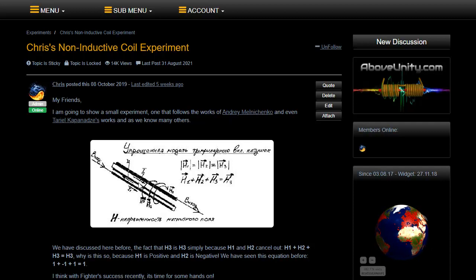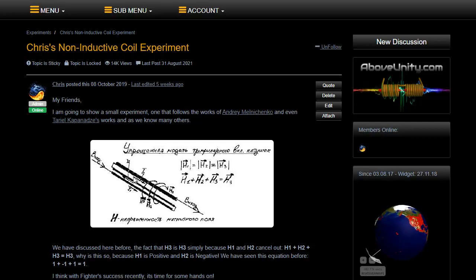You have magnetic fields that are interacting, which give you a total result of the H3 magnetic field in this case. I'm not sure why Andrei Melenchenko didn't use magnetomotive force. H is essentially the field strength of the coil. But anyway, it doesn't really matter. Everybody's got their different ways of doing things.